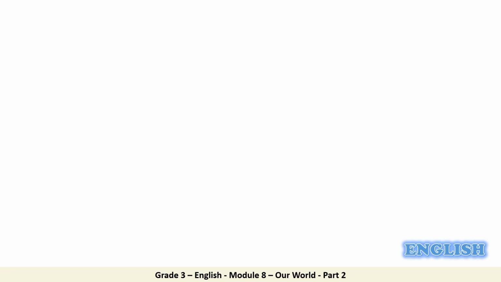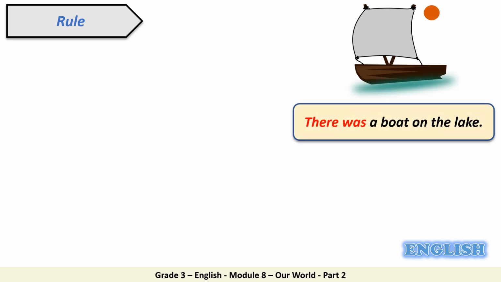Now that we've seen the examples together, can you help me form the rule? Let's start with the first example. There was a boat on the lake. Can you tell me, when do we use there was? Very good.